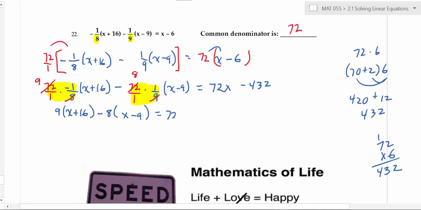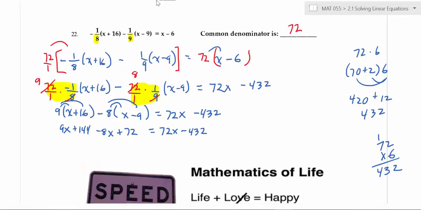And then this side is going to be 72x minus 432. Okay, now do a distributive property. So that's 9x plus 144. Careful here, minus 8x. Real careful here. Negative times negative is positive 72. That's equal to 72x minus 432, like that.